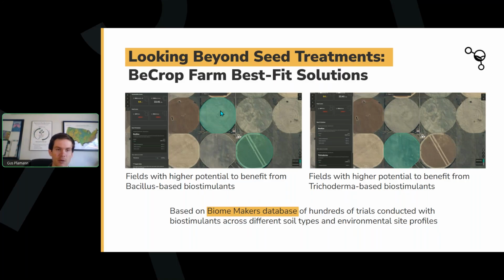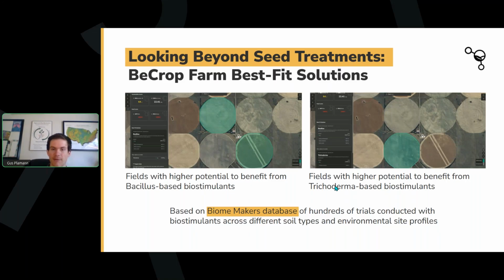Lastly, looking beyond seed treatment, some other areas BeCrop Farm can be used. This is another feature in BeCrop Farm which offers a recommendation, called best fit solutions. So using Biomaker's database of actual replicated trials, this interface basically gives you insights into which biostimulants are projected to perform well in this specific soil type and environmental profile. These are the same 3 fields we were just looking at, and a couple of these fields are recommended to receive bacillus-based biostimulants.